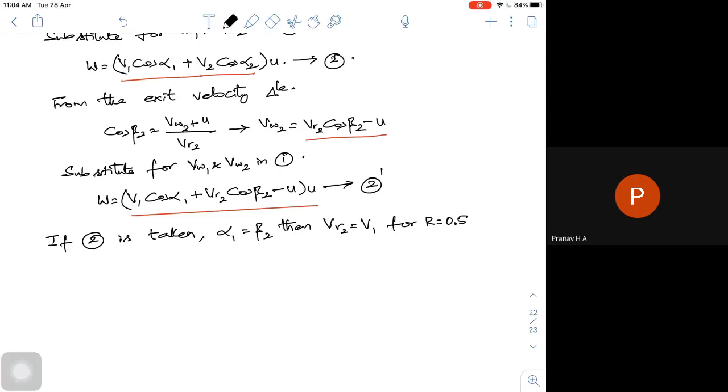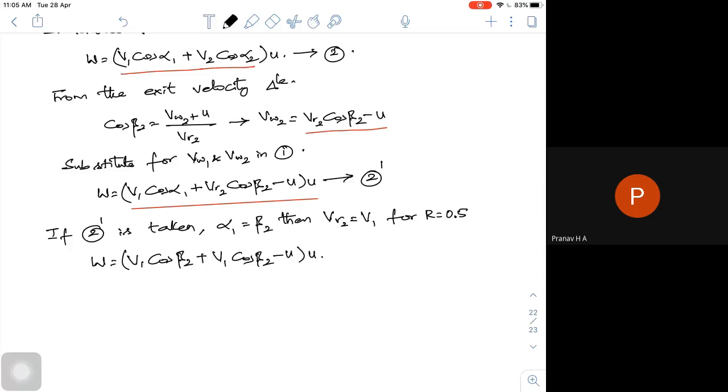So if I take equation 2 dash, I can write it as V1 cos beta 2 plus VR2, which is equal to V1, so V1 cos beta 2, minus u into u.